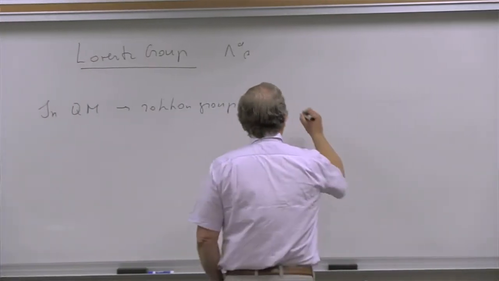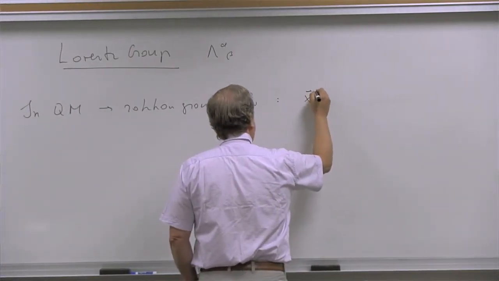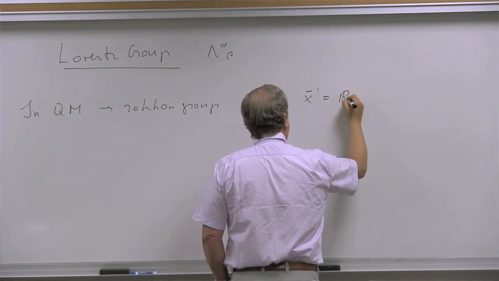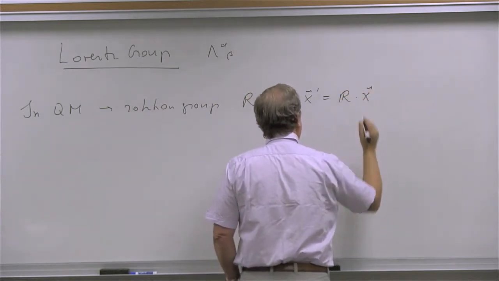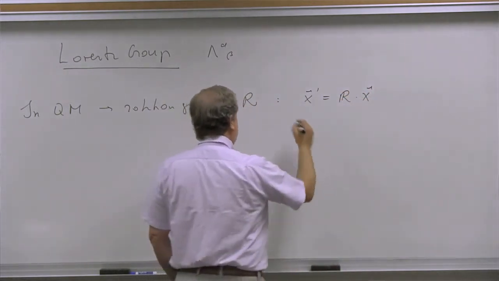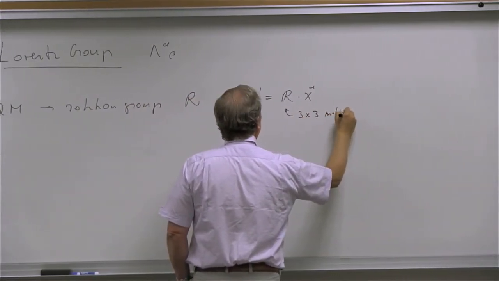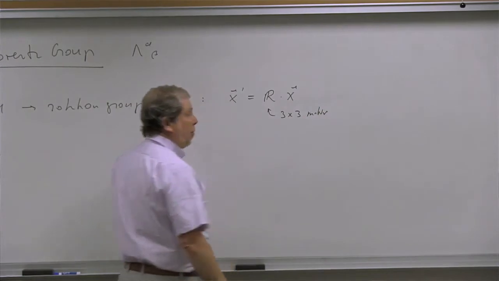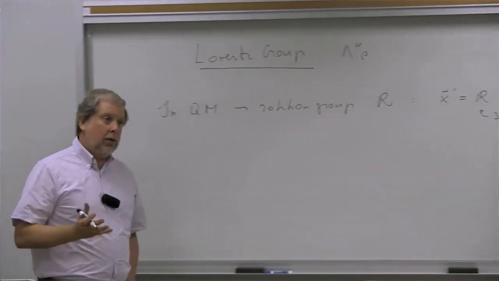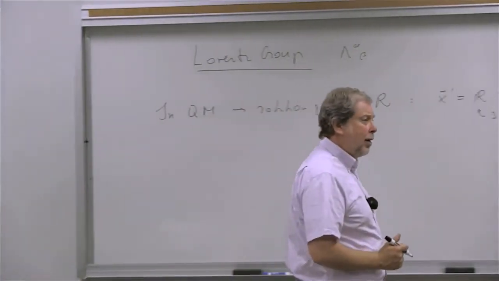So the rotation group takes a vector x to a vector x prime, which is R times x, where this is a 3x3 matrix. And you can describe this rotation, for example, in terms of Euler angles.